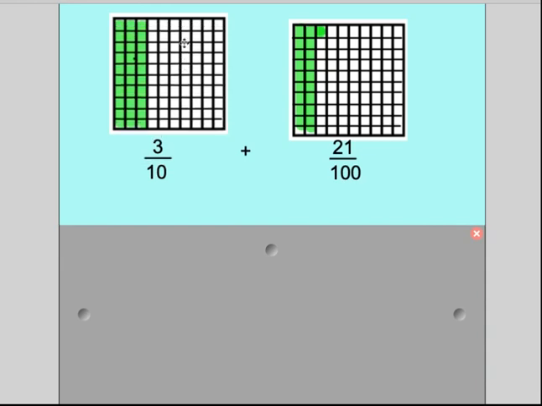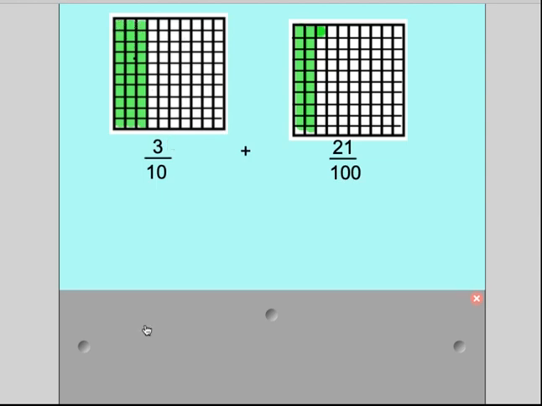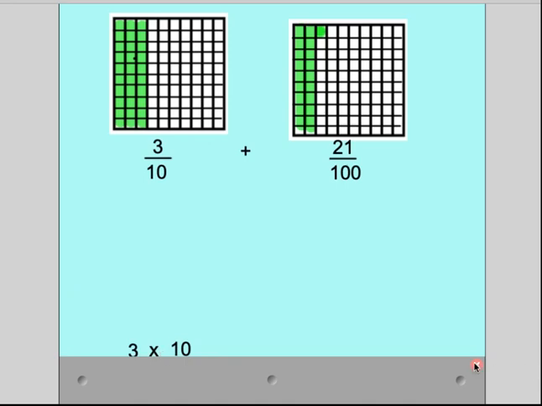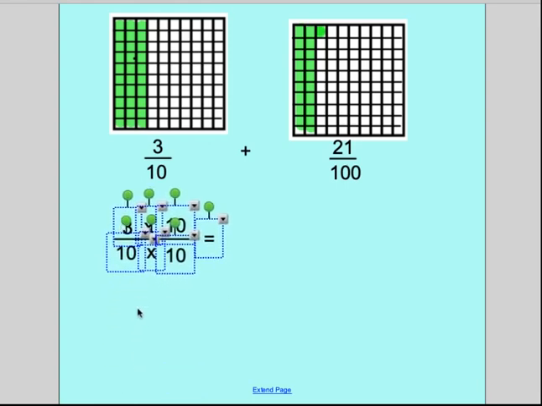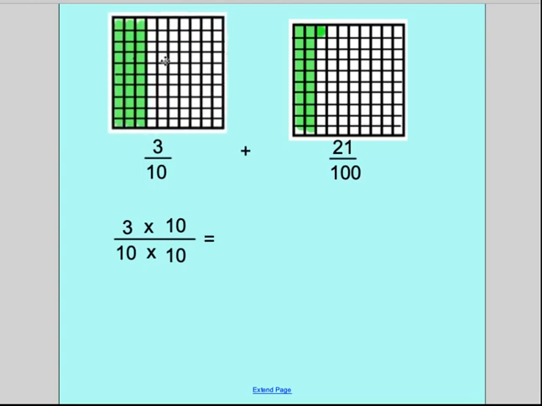Okay, so now I can actually see I have my 3/10 times 10/10, right? So the action of putting the grid lines over the top is the action of putting in the times 10/10, because everything is becoming 10 times smaller.